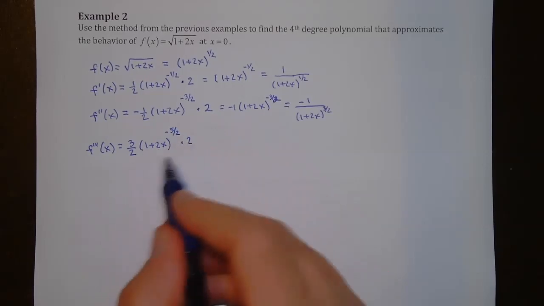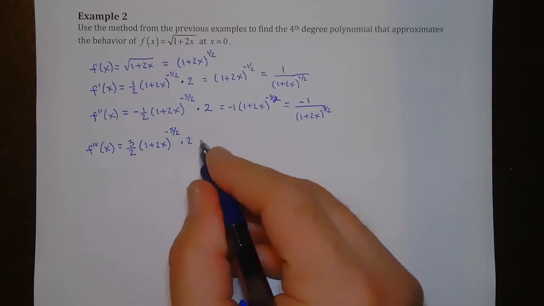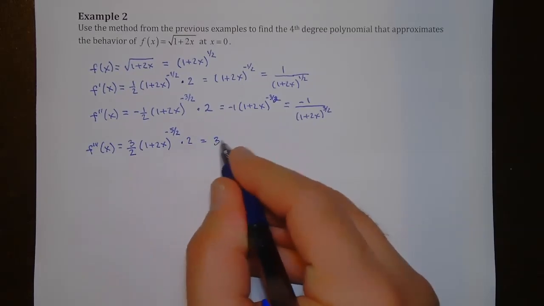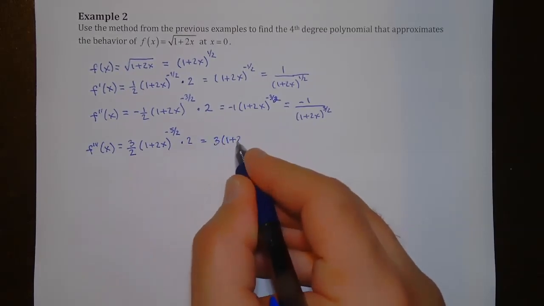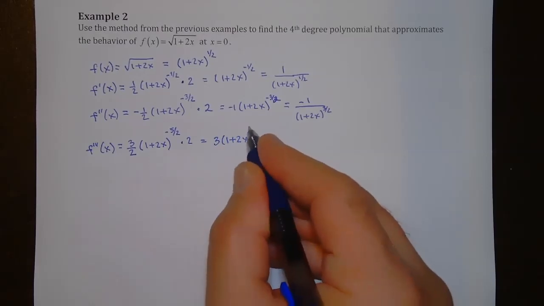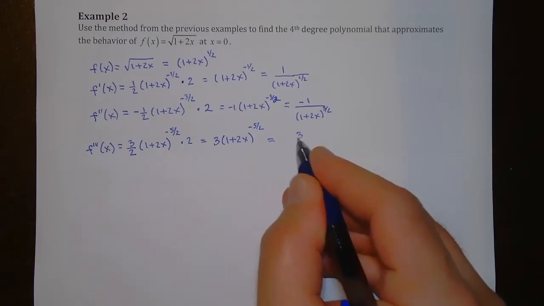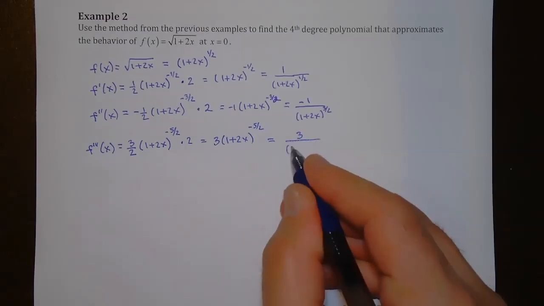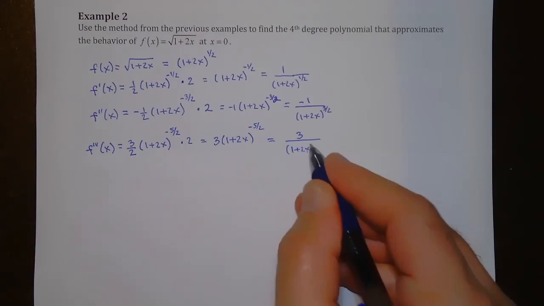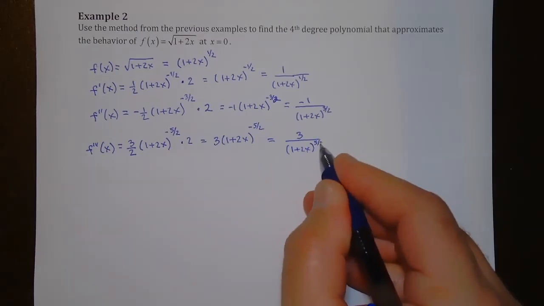So your 2's cancel here, and you're left with a coefficient of 3. So it'd be 3 times 1 plus 2x to the negative 5 halves power, that would be 3 over 1 plus 2x to the 5 halves power.